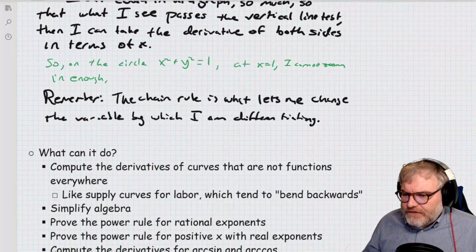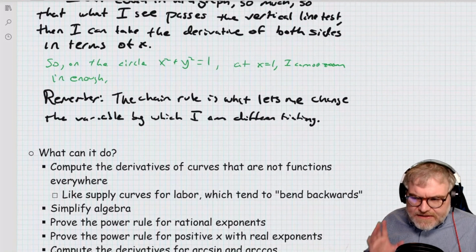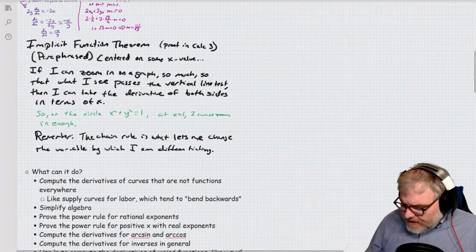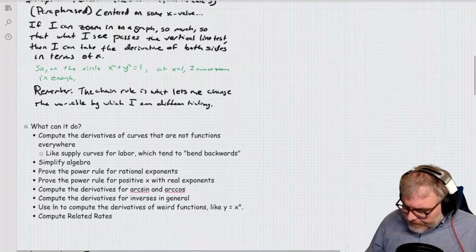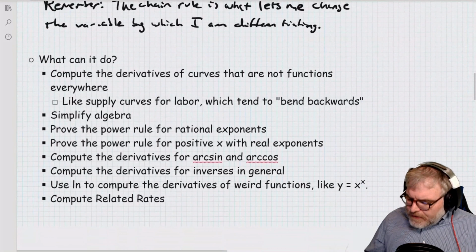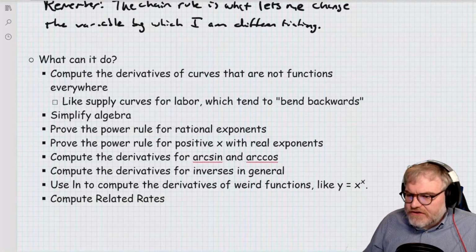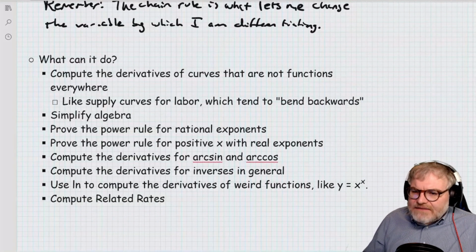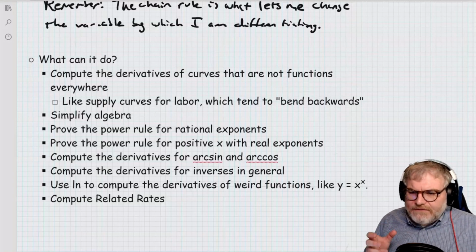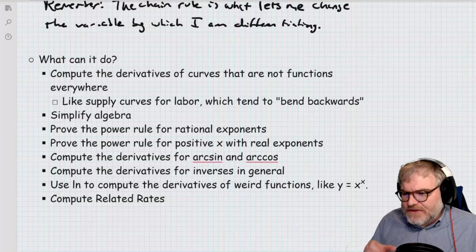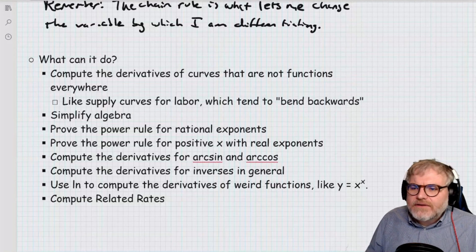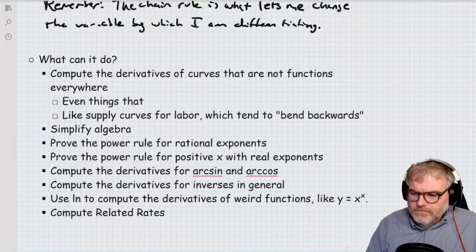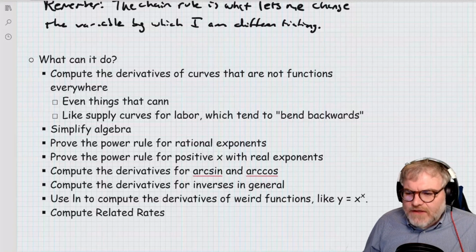What can it do for us? Remember, the chain rule is the center of this. It's what lets me change the variable. So let's talk about what it can do. It can compute derivatives of curves that are not functions everywhere, and derivatives of things that I can't express as functions of one variable.